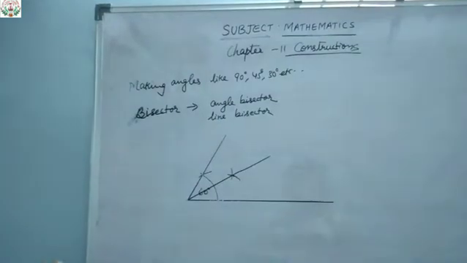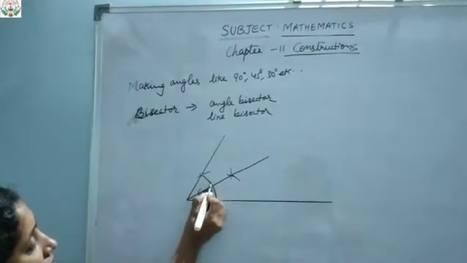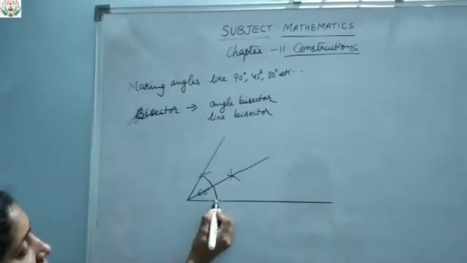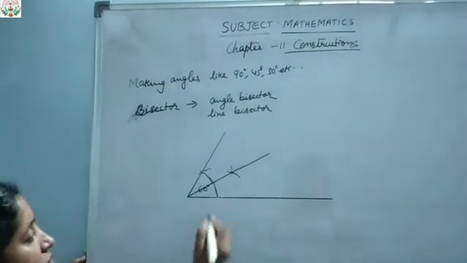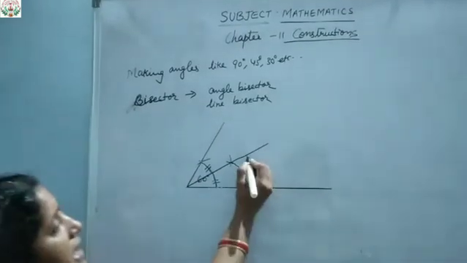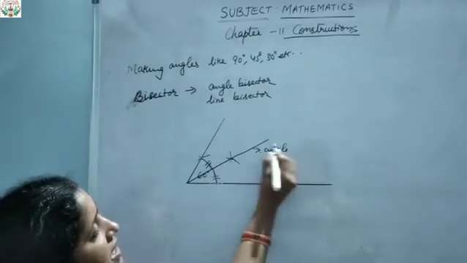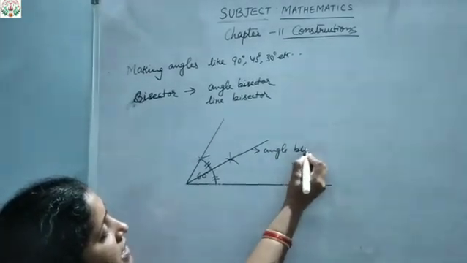You will see this is called the angle bisector. Means this angle is equally divided into two halves, so this is equal to this. This line is called what? Angle bisector.